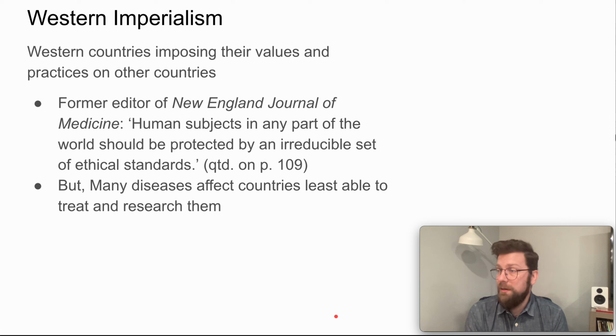So, for instance, poorer countries in the non-Western world, whether we're dealing with somewhere in Asia like Cambodia, or places in Africa like Ghana or Kenya, they may be more affected by certain diseases like HIV or malaria or tuberculosis. Right, so these diseases are really big problems in these poorer non-Western countries.